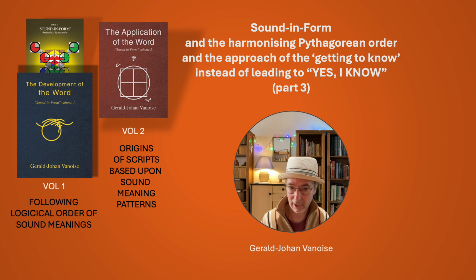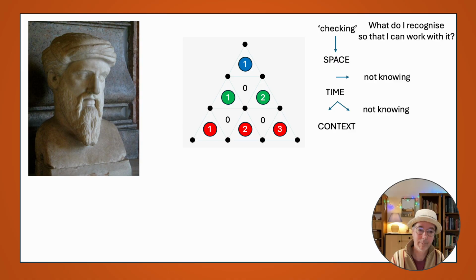We know that every letter is also a number. In the Roman script you also have that, in the Pythagorean order, that they are numbers. But how important are these numbers, and are these numbers always leading? This video will explain that.